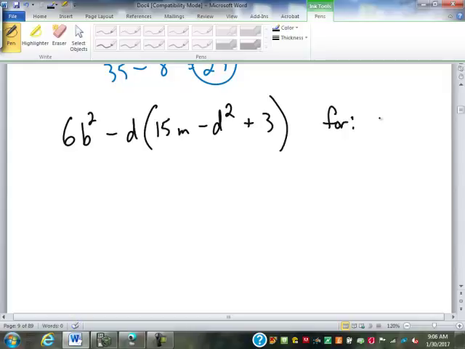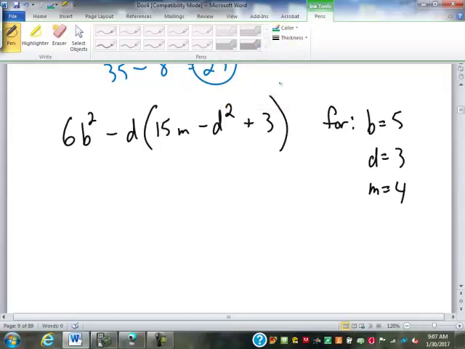So we may have 6b squared minus d times, in parentheses, 15m minus 2d plus 3. And we're going to evaluate that for b equals 5, d equals 3, and m equals 4.